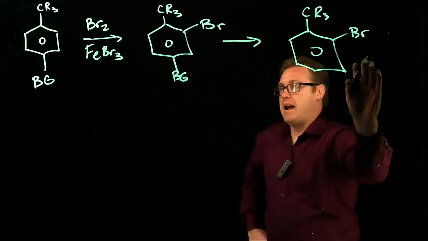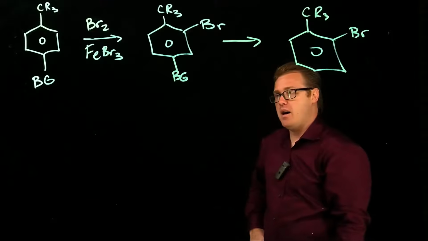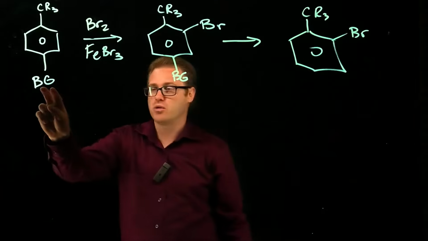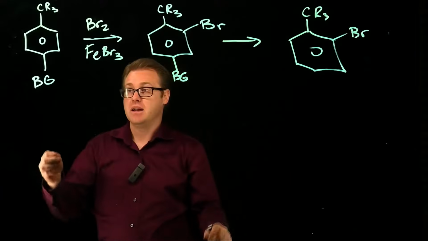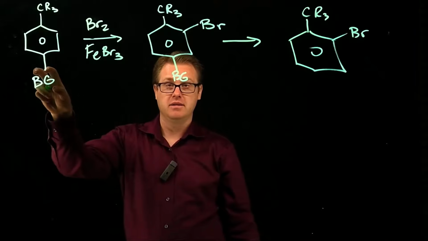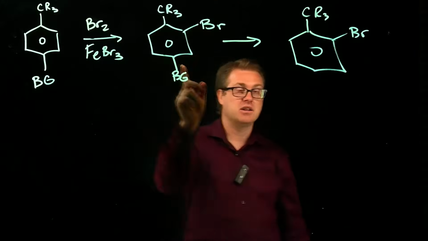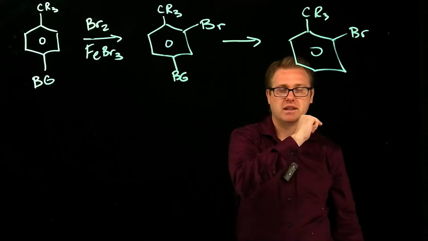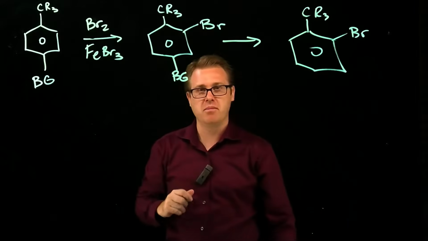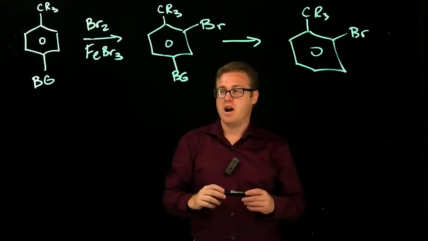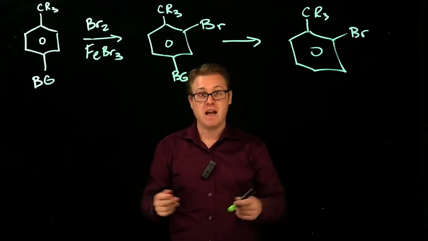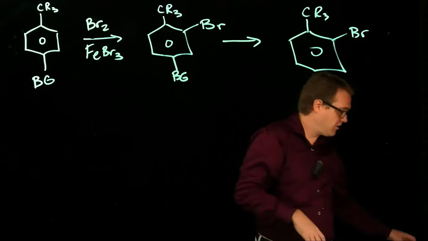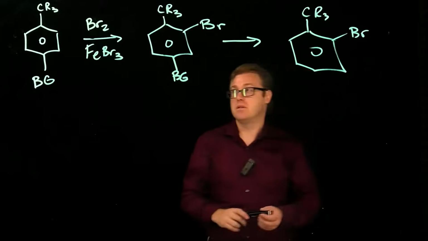So we just have to go back into our synthesis toolbox and say, okay, what groups have we discussed that you can put on like this, and then all of a sudden just take it off? Does anything ring a bell? Do you remember what we've talked about in this chapter? We call the sulfonyl group.